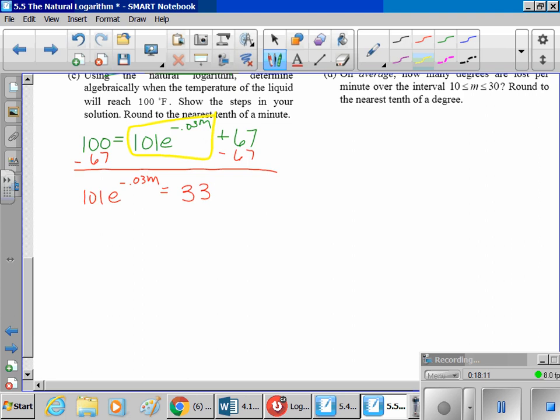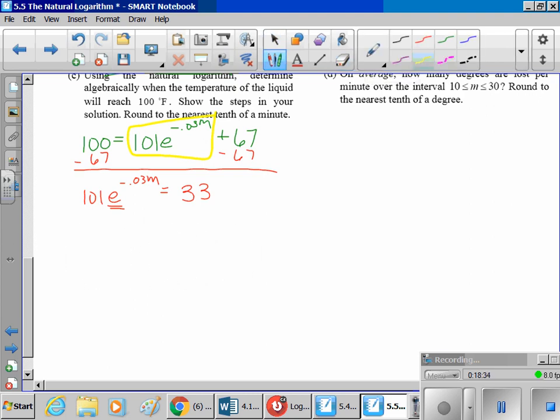Now we know to bring that exponent down, we have to log, but because we have e here, we're going to natural log. So what I mean by that is I'm going to kick this out front first, and I'm going to say ln of e... wait. We have to do something first. I have that 101 there. Sorry about that, guys.